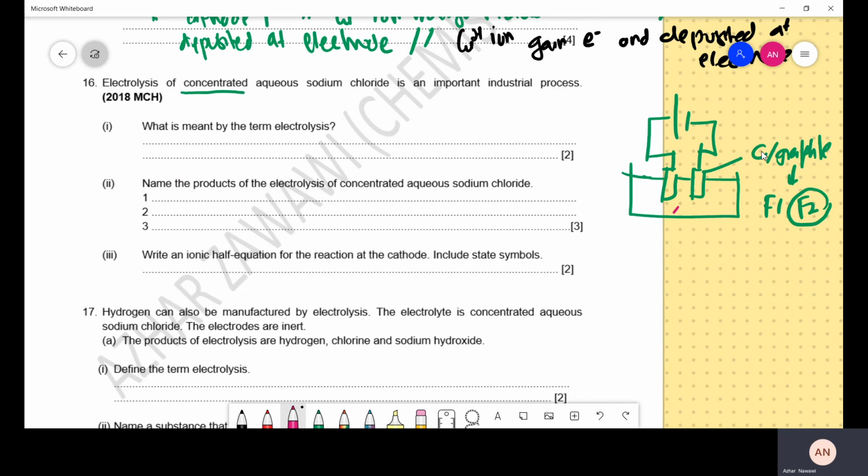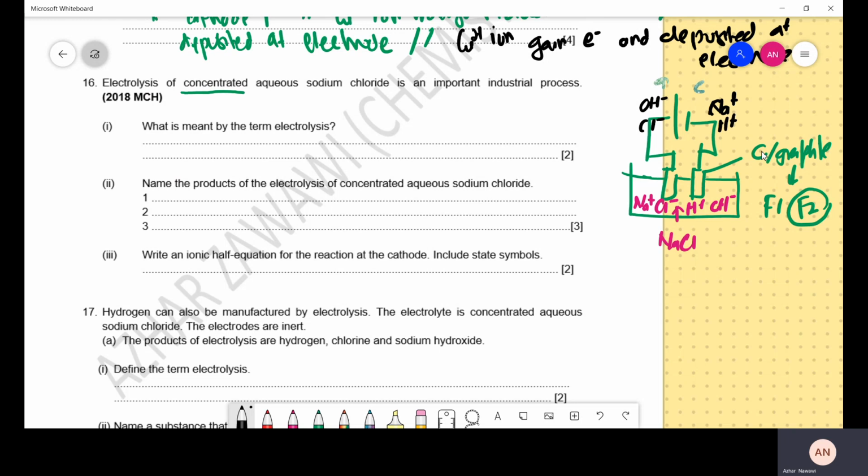After that, you check your electrolyte. You have sodium chloride. So the ions that you have are Na+, Cl-, H+, and OH-. Then you choose which one will come to the anode and which to the cathode. The ones that come to the anode are, of course, negative: OH- and Cl-. The cathode has Na+ and H+. Which one will you choose?